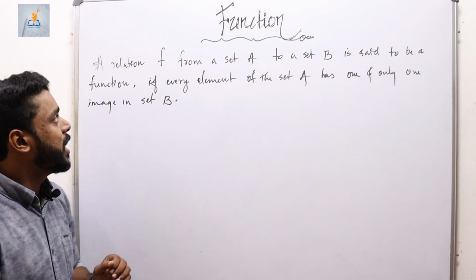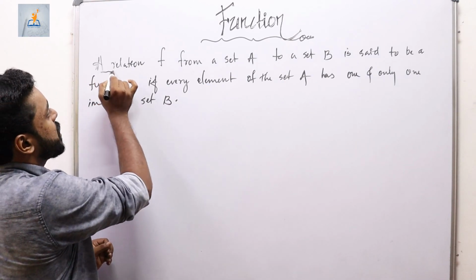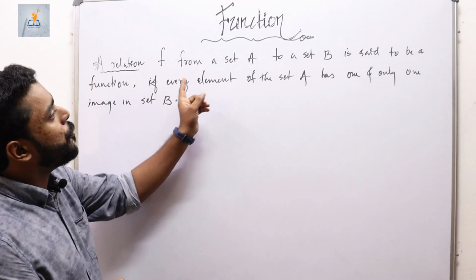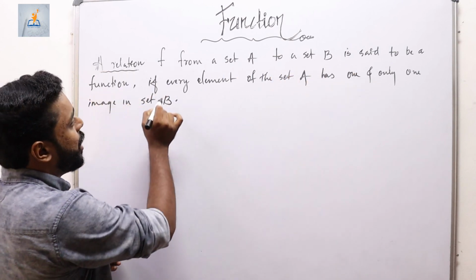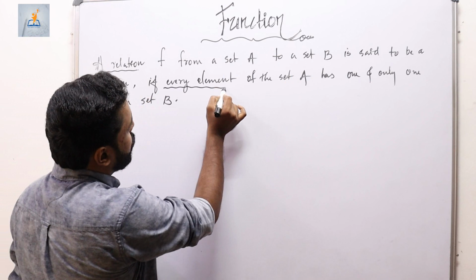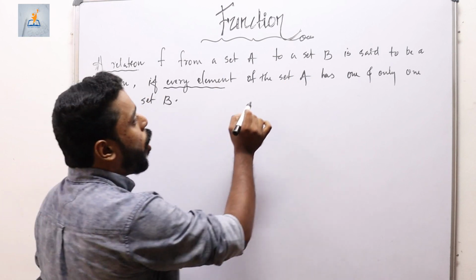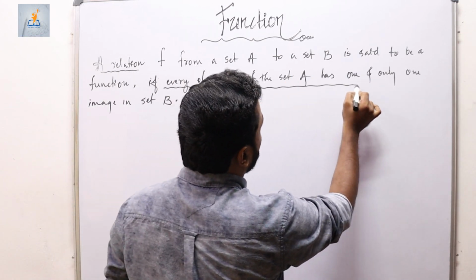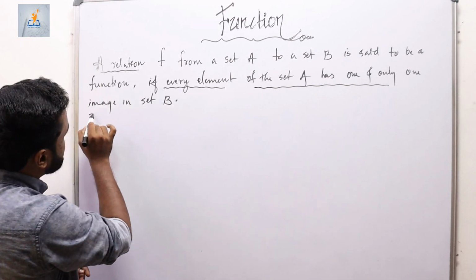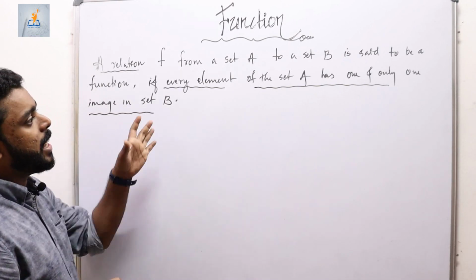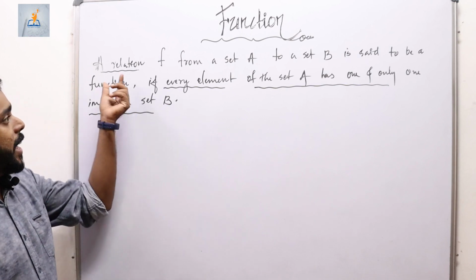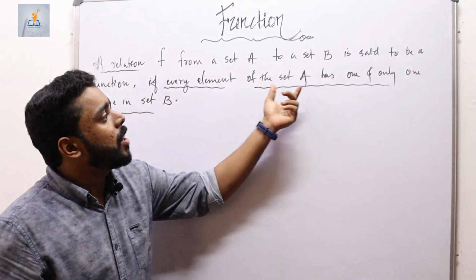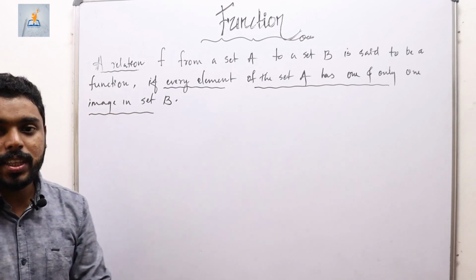A relation, a very important word, f from a set A to a set B is said to be a function if every element, a very important point, of the set A has one and only one image in the set B. So these are the three important parts of this definition: a relation, every element, one and only one image in the set B.